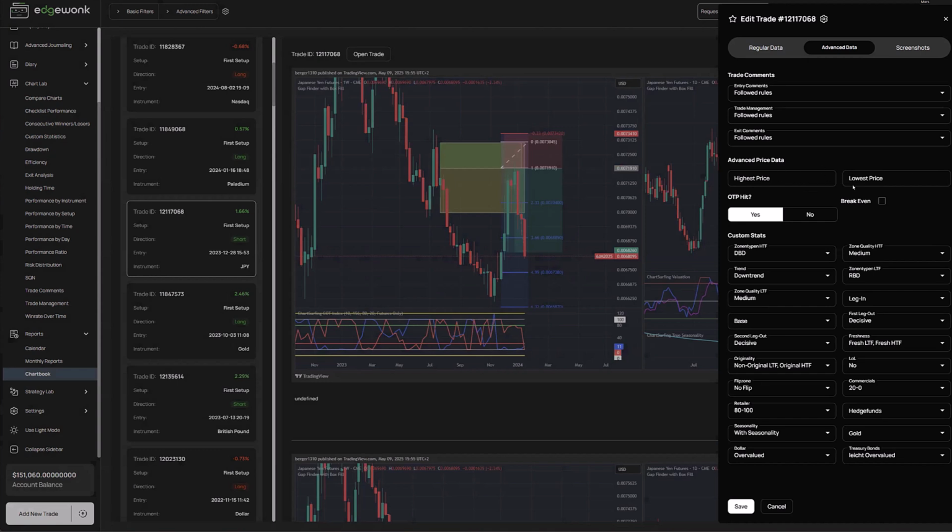Yeah, the thing is, for day trading, what I like to do with highest and lowest price is to really track, for example, if I go long, how far price would go up before it hits my stop loss. That's how I would track the highest price. But obviously, if you are in a swing trade, you might wait 3, 4, 5 years for price to come back to your stop loss.